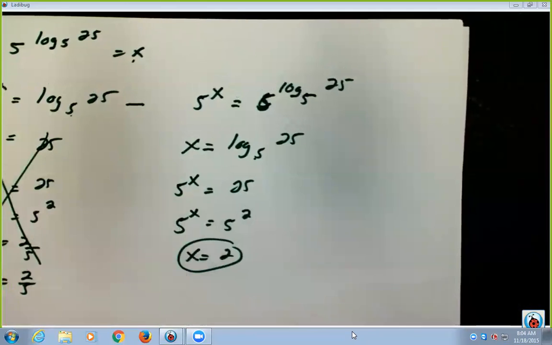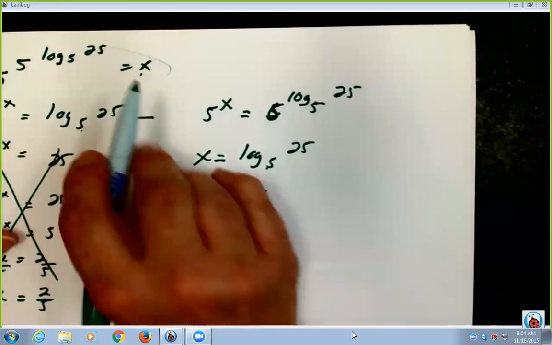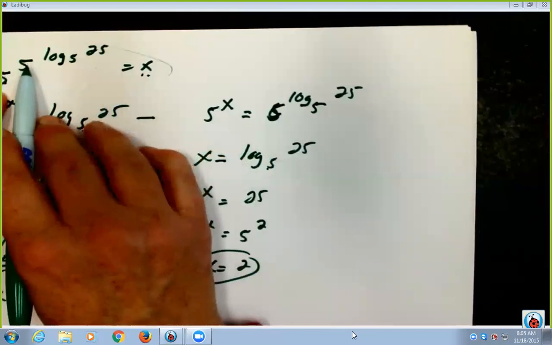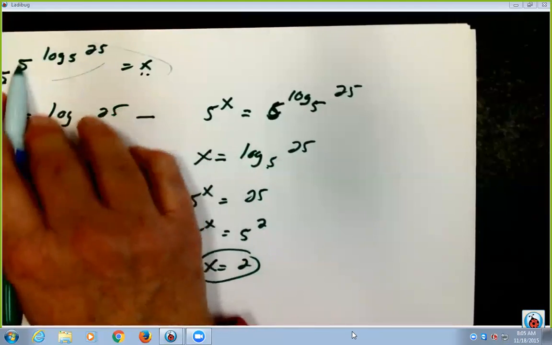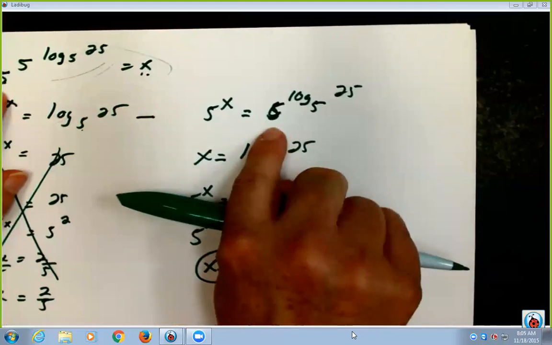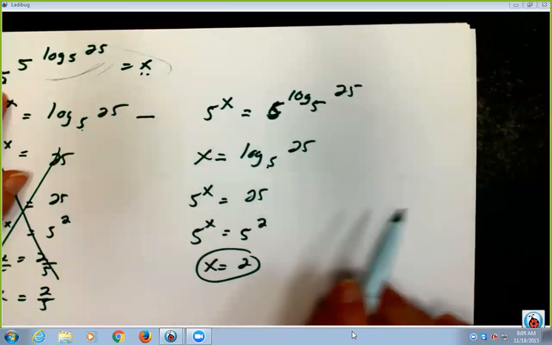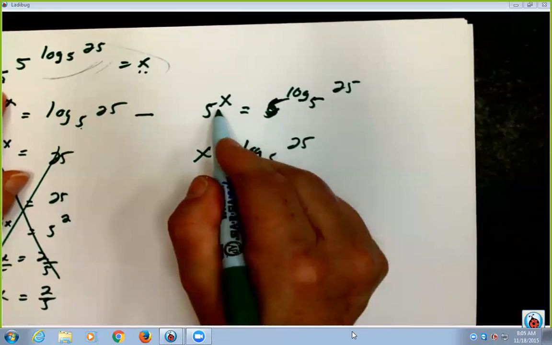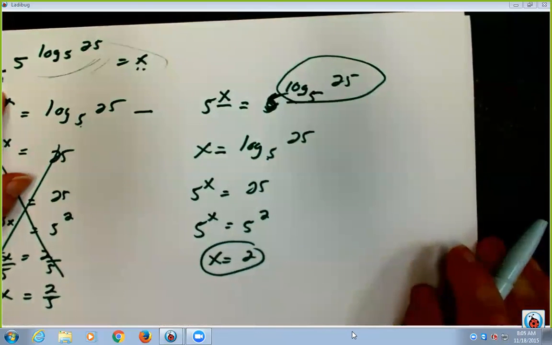Okay, so let's go back through this. If I take this piece that I have right here, this is my base, this is my exponent, and this here is my log piece. That's what it's equal to. So then if I take a look at this, what I have is x is equal to that as an exponent.